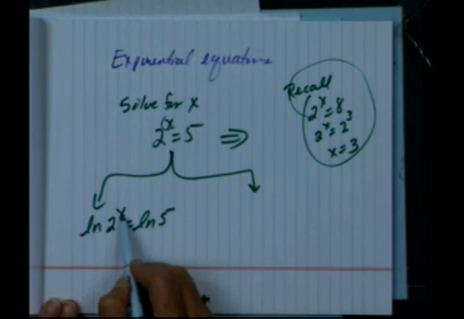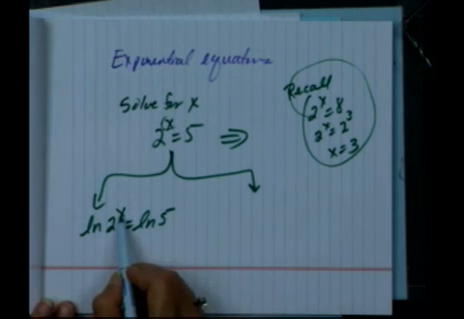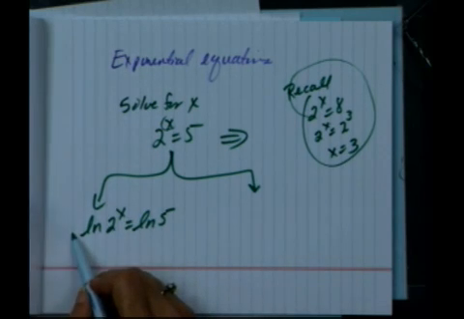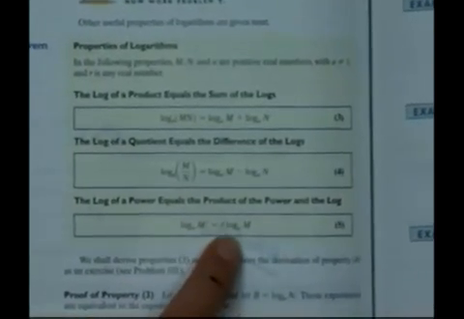Now how do you get this x out of the exponent? How do you get this x out of here when you got log of 2 to the x? Where can I put the x? In front, from that property. I'm going to apply this property, I guess they called it number 5, back on page 450, m to the r.